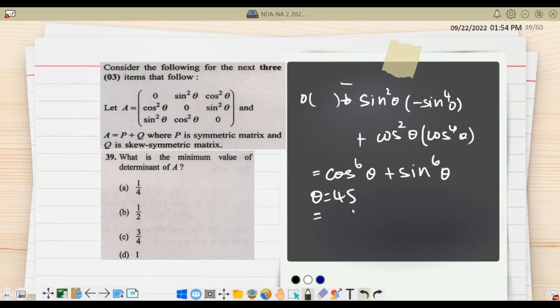So theta equal to 45. We're going to get 1 by root 2 power 6 plus 1 by root 2 power 6.